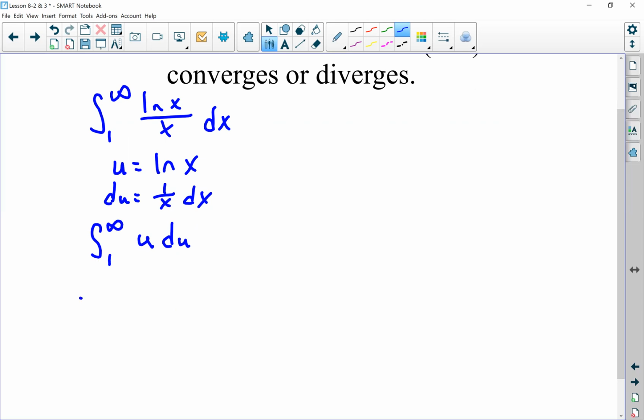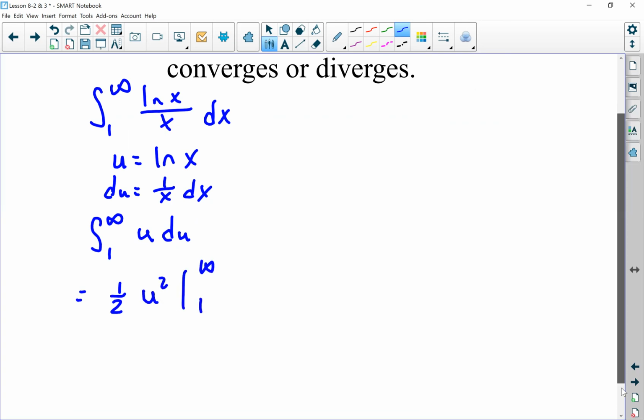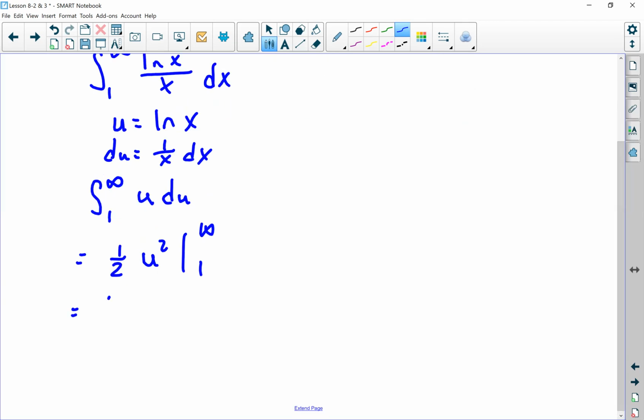So this would equal 1/2 u squared. But u is the ln of x.